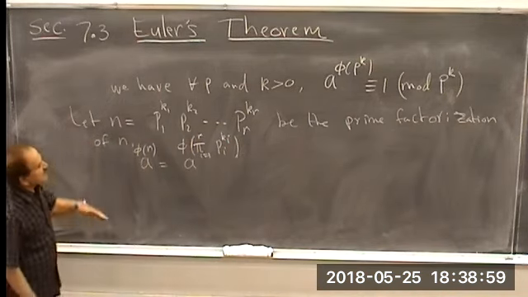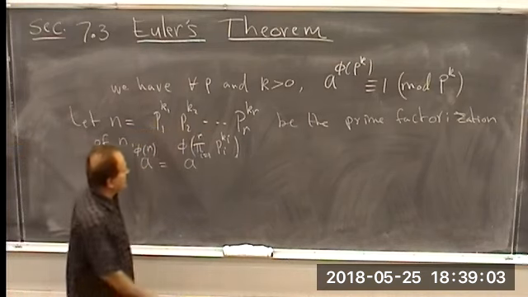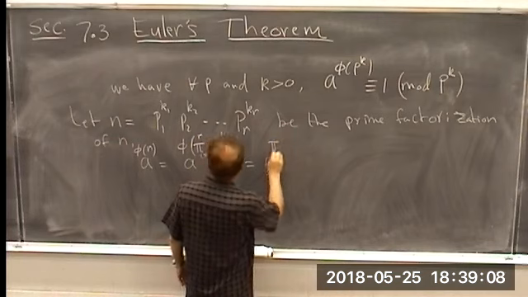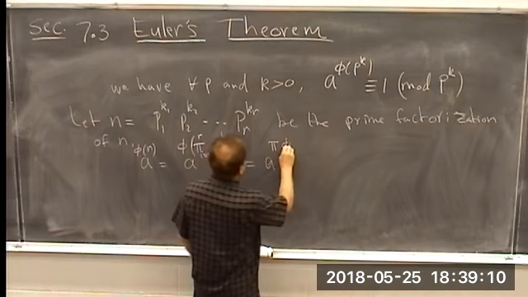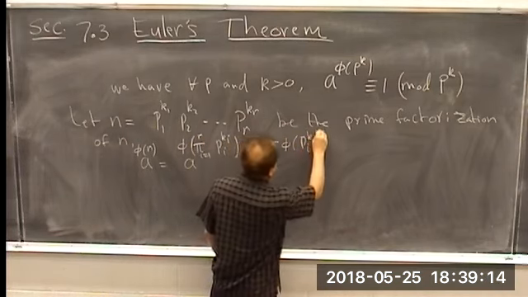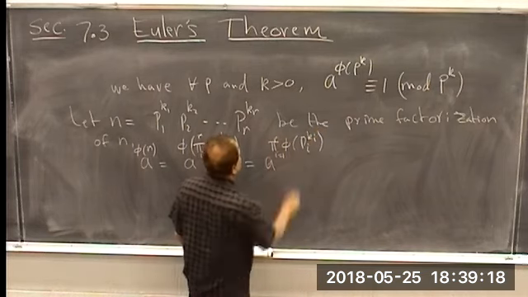But since phi is multiplicative, and of course these are relatively prime, these are prime powers, so this is equal to the product of phi of p sub i to the k sub i, i equals 1 to r.